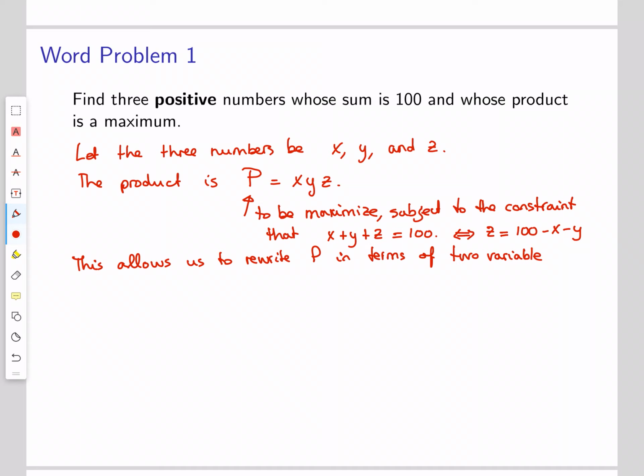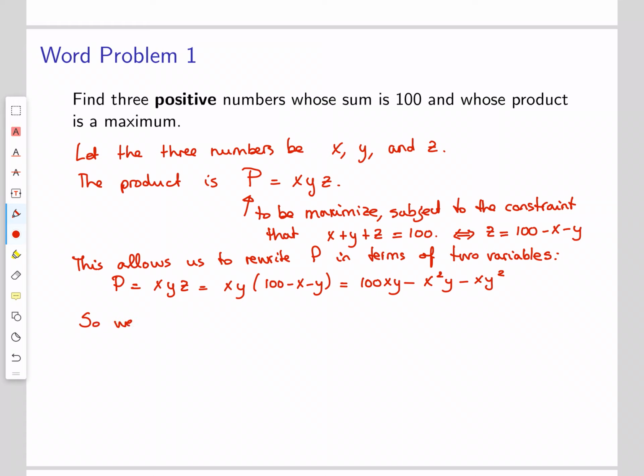So in terms of two variables, P, which was XYZ, is now equal to XY times (100 minus X minus Y), and that is equal to 100xy minus x squared y minus xy squared. Okay, so that looks like a very familiar function. That's very similar to the types of functions that we have optimized in our previous examples.